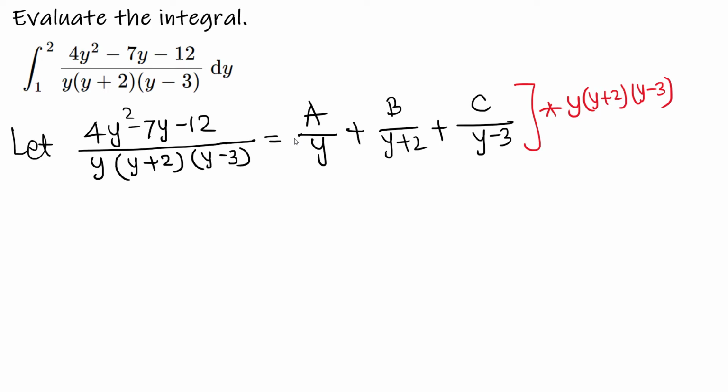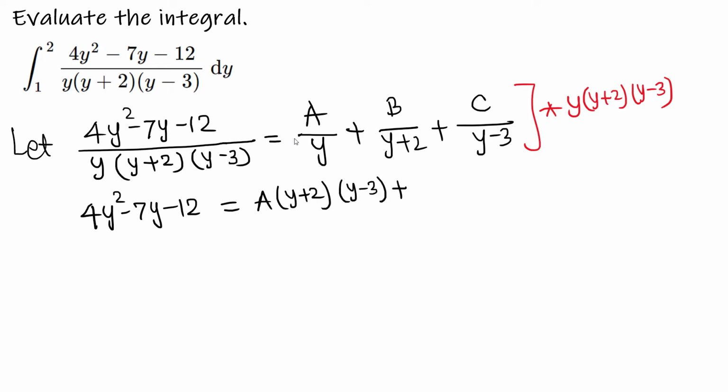We multiply this by this, that means this is on the top, and the bottom cancels, so what survives is 4y squared minus 7y minus 12 equals a times the other two factors, a(y plus 2)(y minus 3), plus b y(y minus 3), plus c y(y plus 2). Okay, this is good for any value of y.